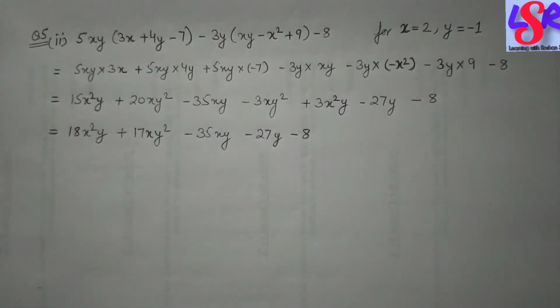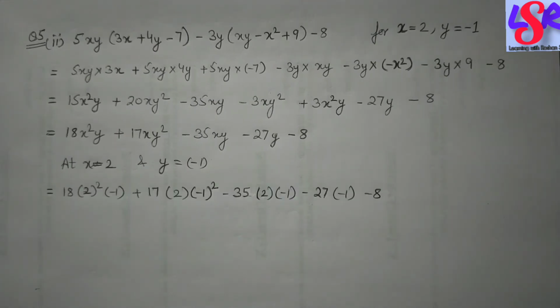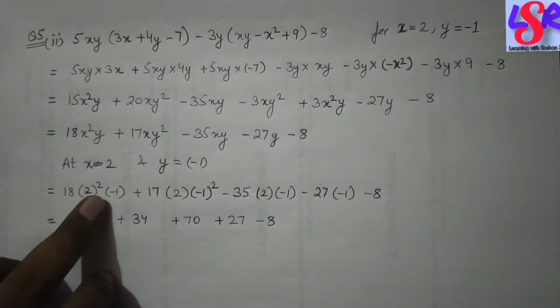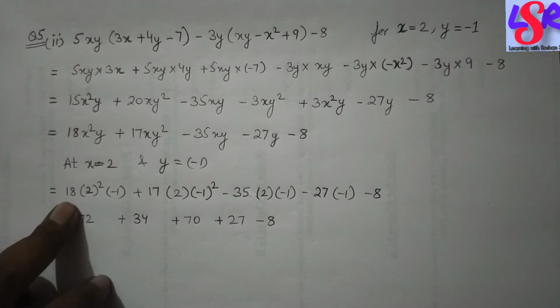Now we have to find the value of this expression at x equals to 2 and y equals to minus 1. We are going to just replace x by 2 and y by minus 1. On replacing x by 2 and y by minus 1, we have got this. Now we are going to solve it. And on solving, we will be getting minus 72 as the product of this all is 2 to the 4 and 4 into 18, 72.